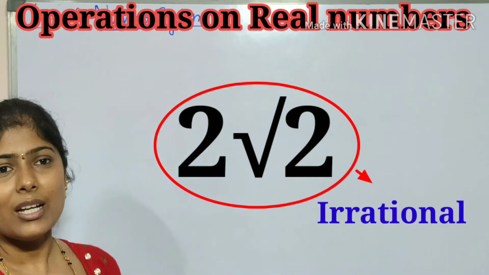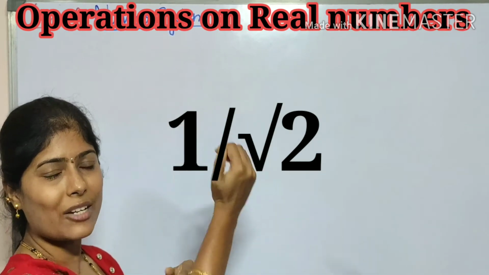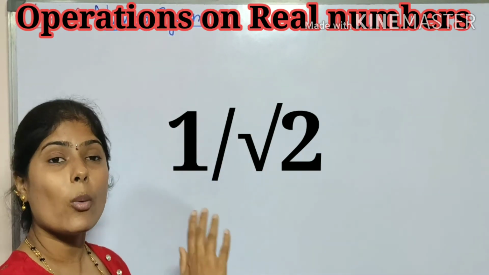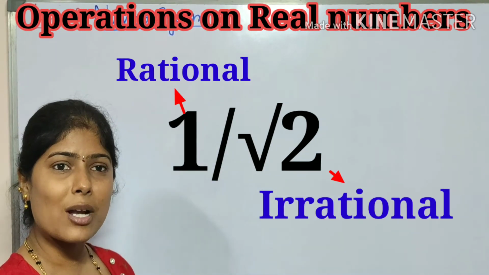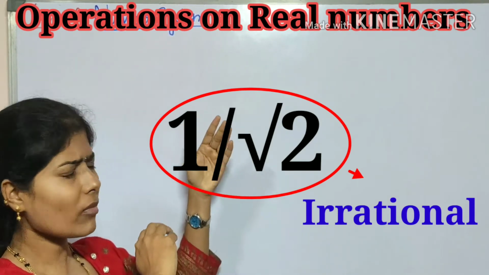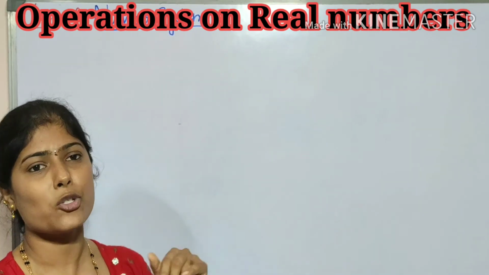Then for quotient, for example 1 by root 2, 1 divided by root 2 is always irrational. 1 is a rational number, root 2 is an irrational number, so the quotient 1 by root 2 is always an irrational number. This is point number 2.